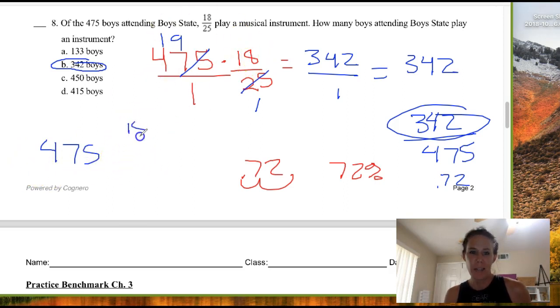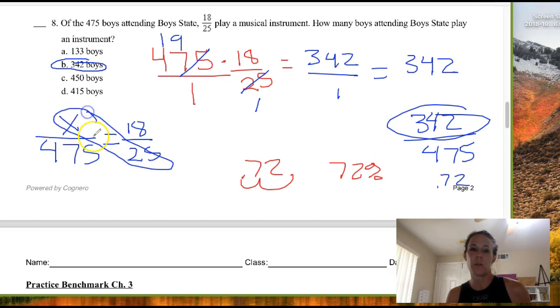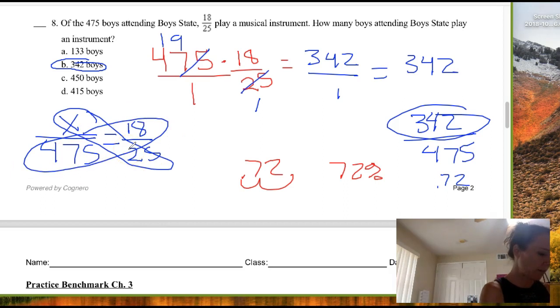Now when you get to cross multiplication, you could set up a ratio. If I have 18 out of 25 boys playing instruments, I could set this up as a ratio of how many boys out of 475 playing an instrument. And then you could do this cross multiplication deal, which would give you the same answer. You go 475 times 18 and then divide that by 25.